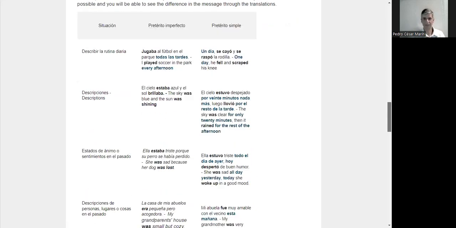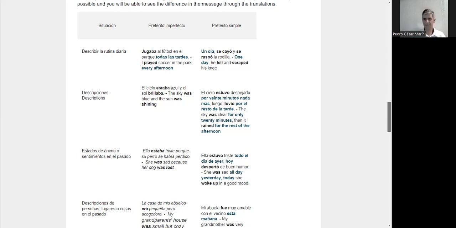If what you want to say is something like the sky was blue and the sun was shining, you're describing something in the past in order that you want to make the other person feel the way you felt. Imperfect. El cielo estaba azul y el sol brillaba. Let's take a look with a simple one. The sky was clear for only 20 minutes, specific.